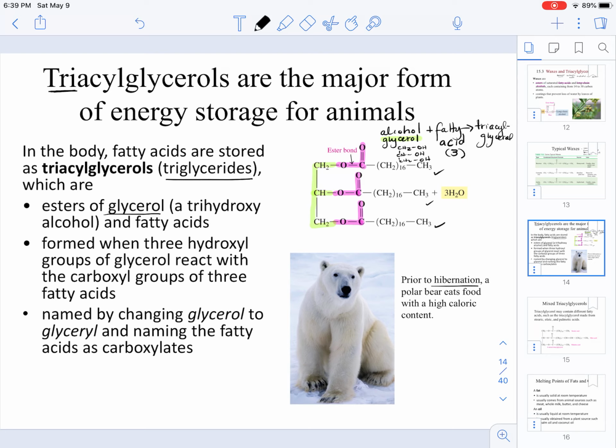These animals typically have food that has high caloric intake, meaning that they eat a lot of fat, because during hibernation, they need to at least have some basic body functions like respiration in order to survive.